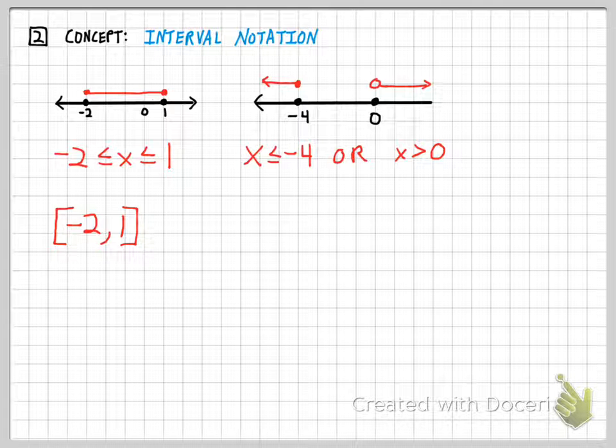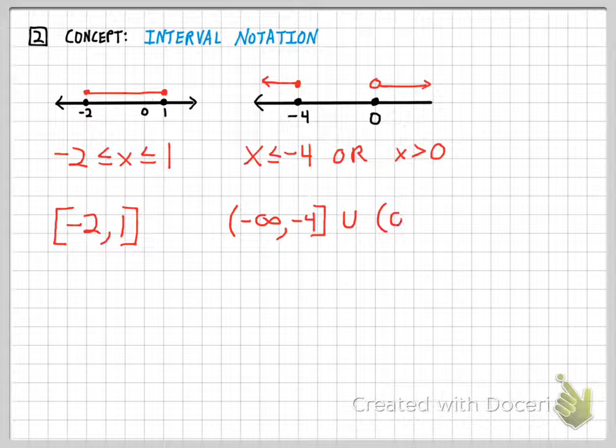So with interval notation, this time I have an unbounded interval, and so I'm going to go from -infinity, comma, -4 with a bracket, and then instead of or I'm going to use the union symbol, and then I'm going to have parentheses, 0, comma, infinity. With -infinity and positive infinity, I always use parentheses. Alright, so these 2 examples here at the bottom are interval notation, and that's often a quick way to describe a set of numbers.